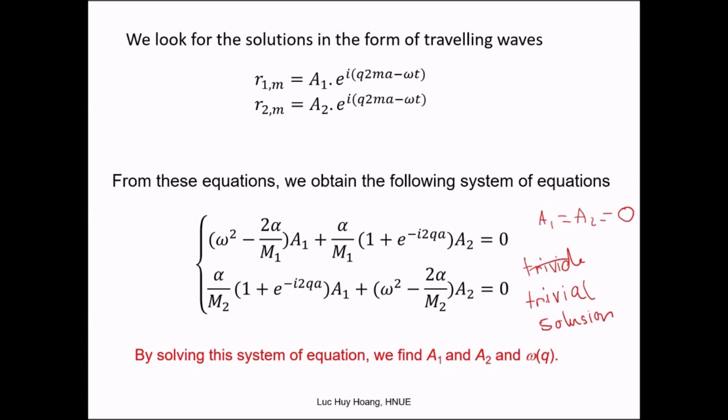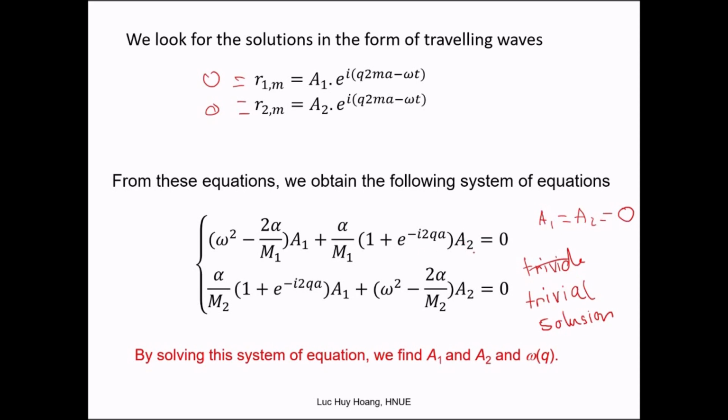Zero solution means there is no physical meaning, because A1 and A2 equal 0 means no vibration at all. That was the first approach in the first chapter, where the atoms do not vibrate. But here, the atoms vibrate, so A1 and A2 must be non-trivial, different from 0.